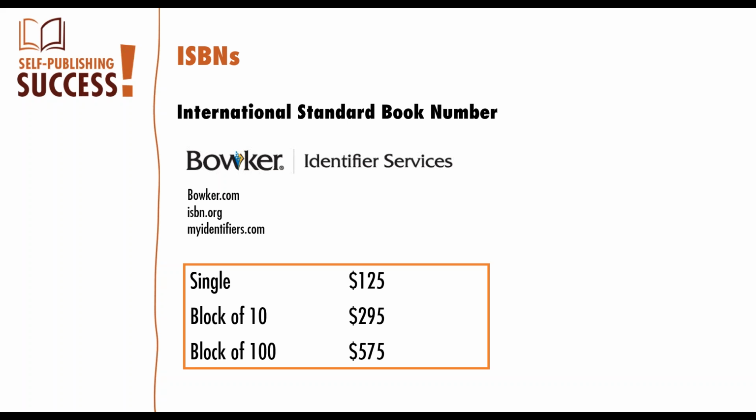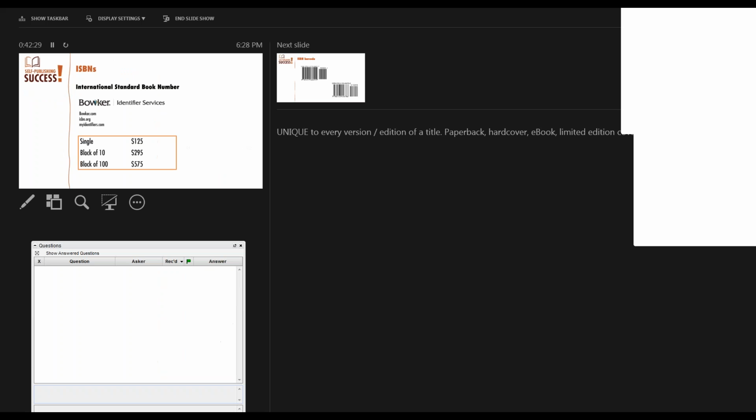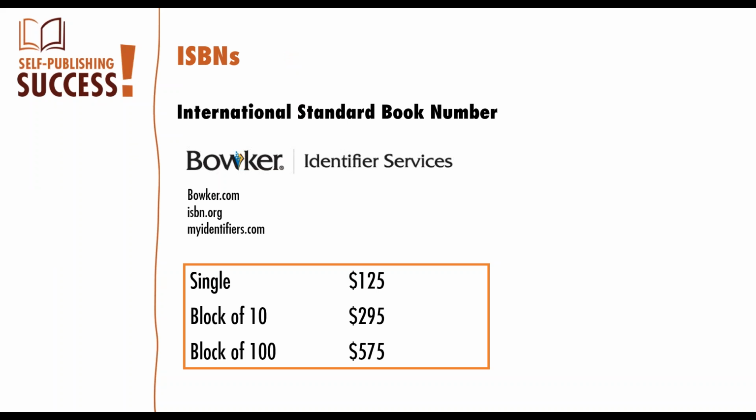When you go there, you'll be given the opportunity to buy a single ISBN or a block of 10, or you can buy more if you think you're going to do a lot of books. Typically, a self-published author is going to pick up a block of 10 ISBNs for $2.95. So that will cover maybe the current book you're doing, plus future books or different editions.